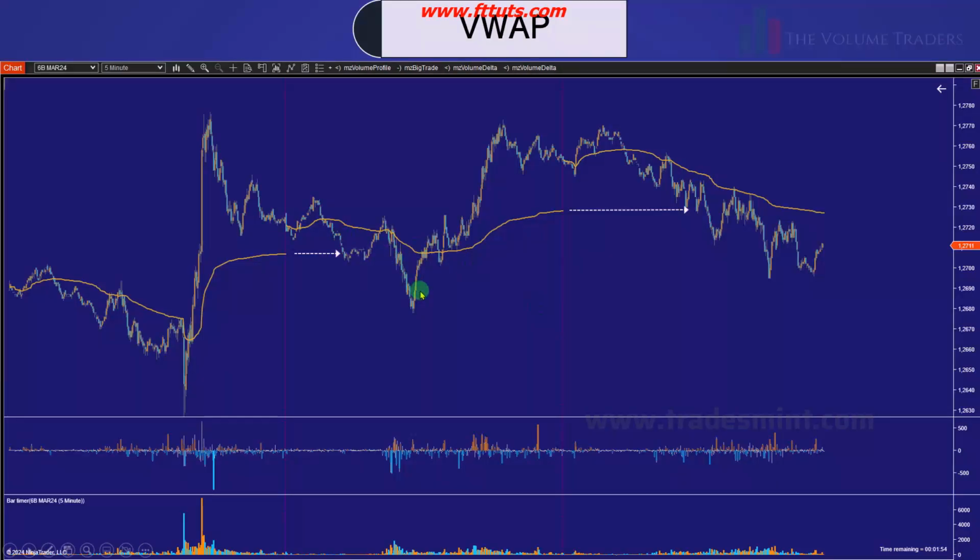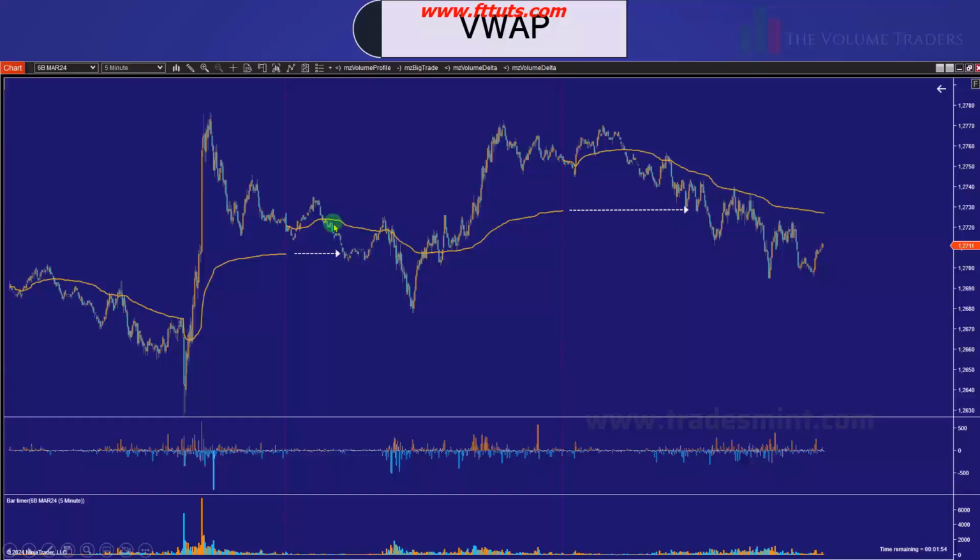And there are two schools of how to use it. The first school says that when the price is below the VWAP, the trader's bias is bearish and they are looking only for shorts.